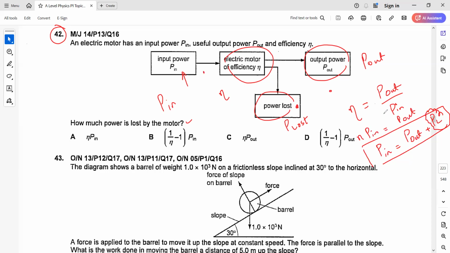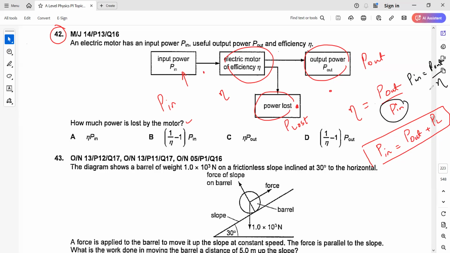If I just bring this here, instead of writing power output, I can write this. No, but I do need power output. So let's get rid of this power input. If I calculate the value of power input, it would be power output over eta.